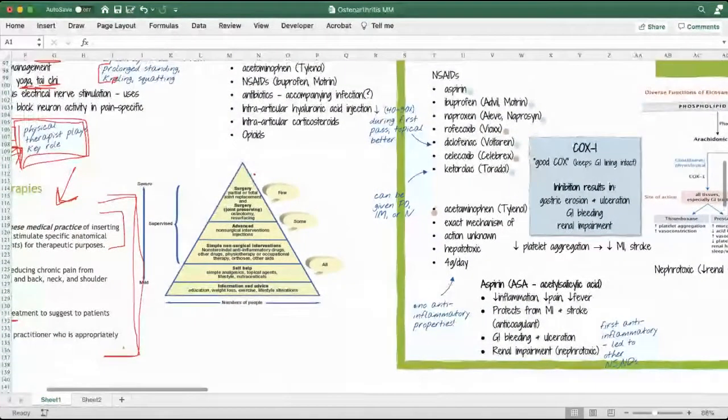And then some of the other things we can do, for example, if you have grade 4 osteoarthritis of the knee, they could do a total knee arthroplasty. Same with the hip. Usually this happens when somebody is older than 65 and obese.